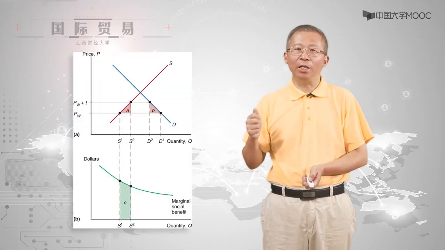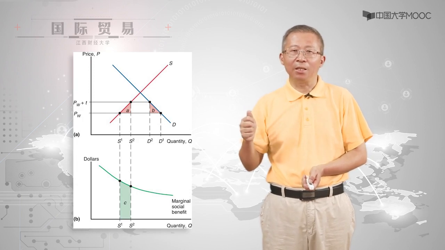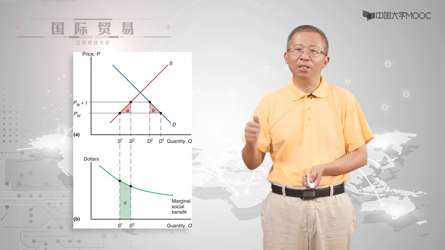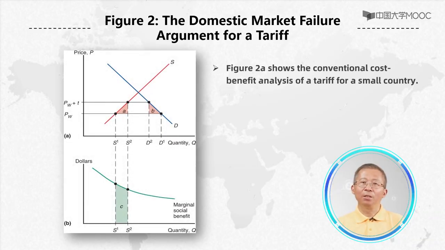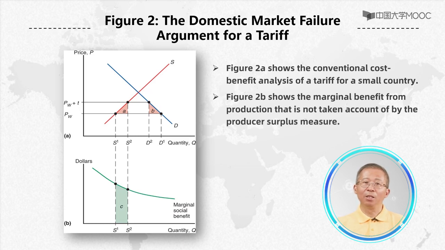Figure 2 illustrates the domestic market failure argument against free trade. Figure 2a shows the conventional cost-benefit analysis of a tariff for a small country. Figure 2b shows the marginal benefit from production that is not taken account of by the producer surplus measure.